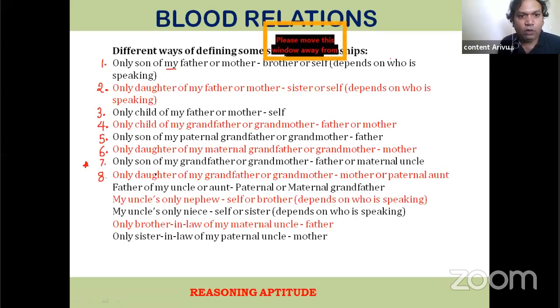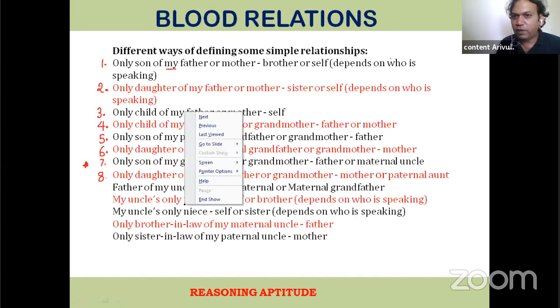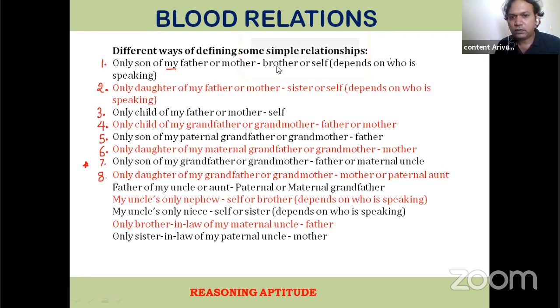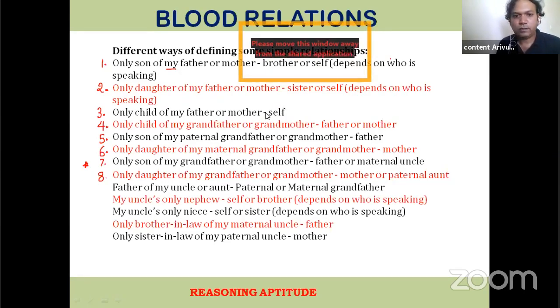Point number 8, similar to point number 7: only daughter of my grandfather or grandmother will be mother or paternal aunt, depending upon which grandfather. Paternal grandfather's only daughter is your father's sister, whereas maternal grandfather's only daughter is your mother.